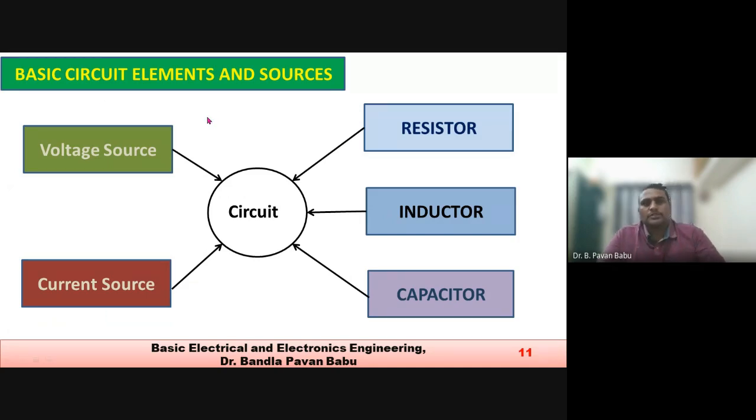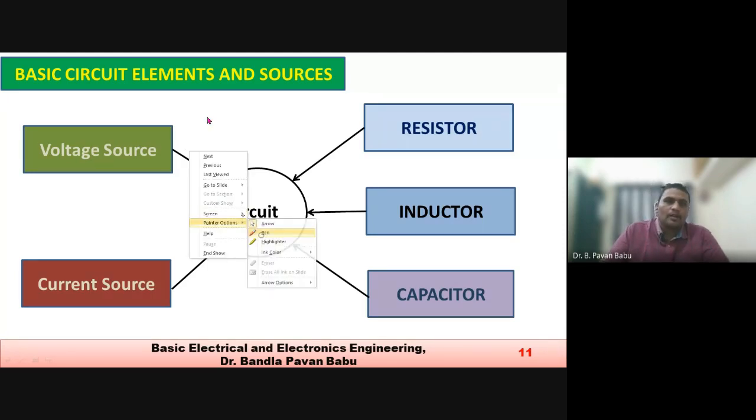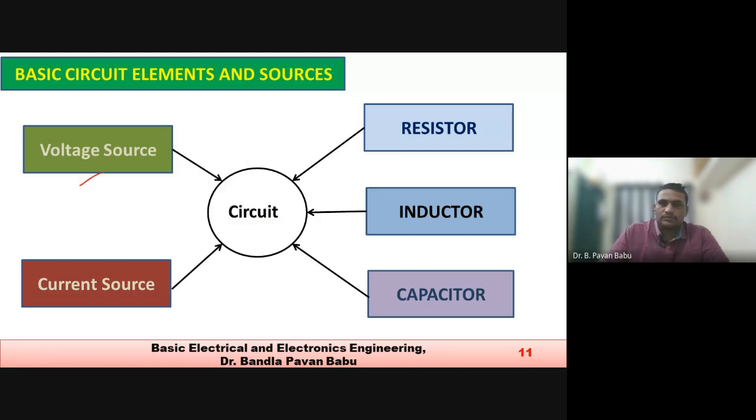Next, coming to the basic circuit elements and sources: voltage source, current source, resistor, inductor, and capacitor. Before going into detail, let me brief you on what a voltage source is. Basically there are two types of sources, out of which only the voltage source exists practically.